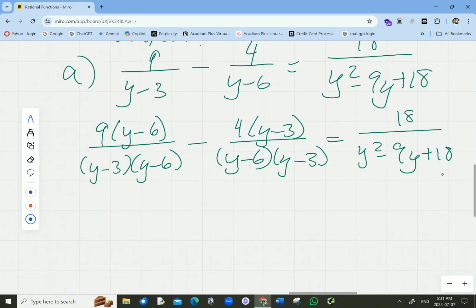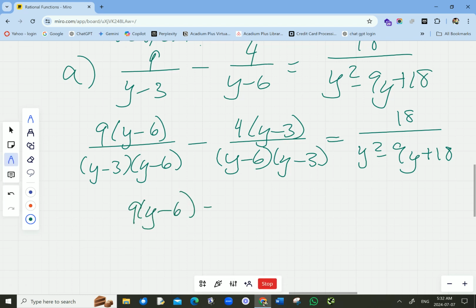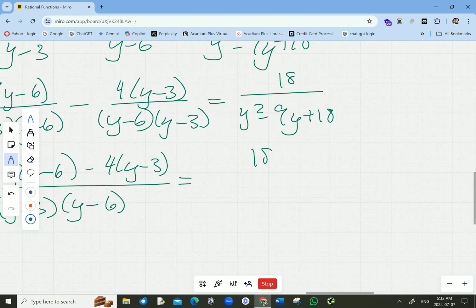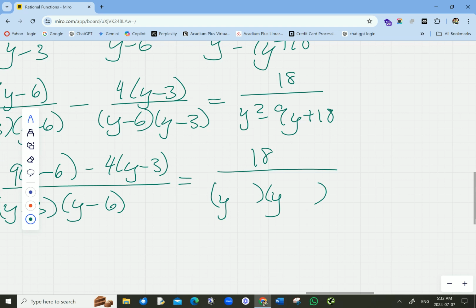So let's focus on the left-hand side. Now that we have a common denominator, y minus 3 times y minus 6, we can subtract our numerators. Actually, on the right-hand side, let's factor that denominator and see what we get. It's a quadratic, so we will have linear factors. The factors of 18 are 1 and 18, 2 and 9, 3 and 6.